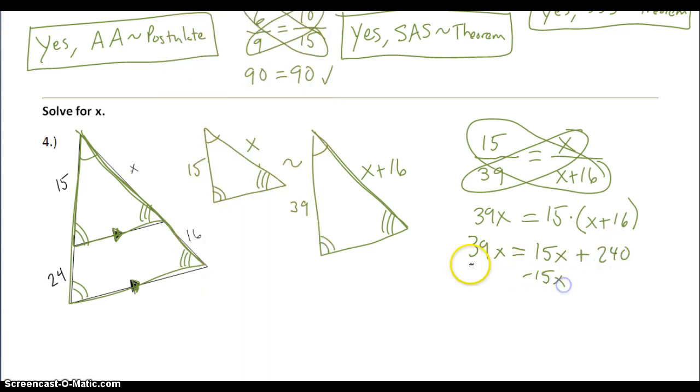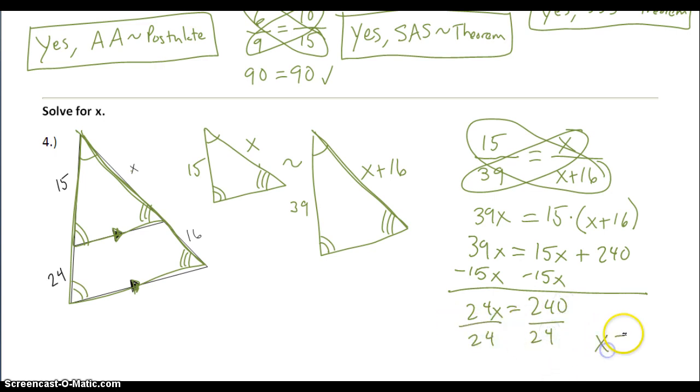Minus 15x, divide by 24. x is going to equal 10.